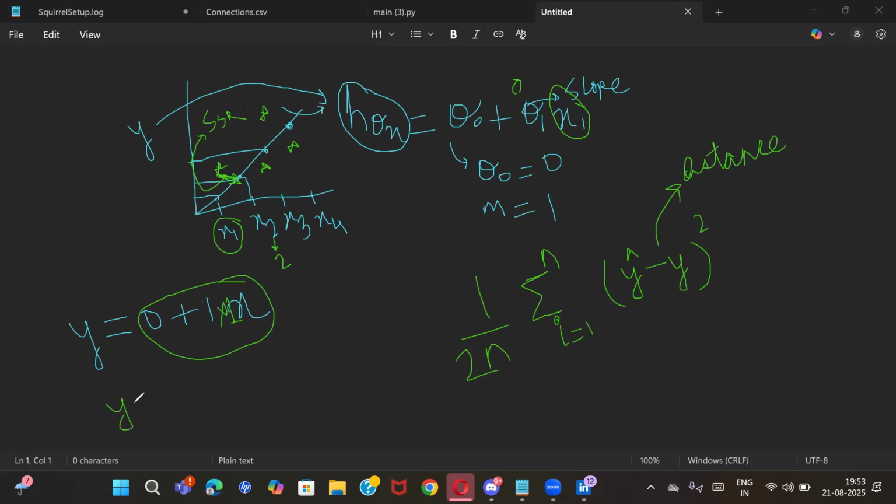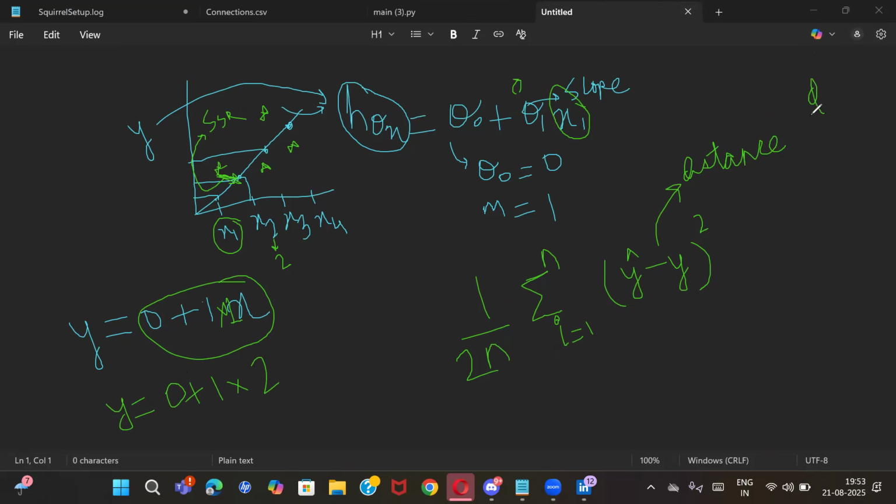What will y be? Theta naught is 0 and the slope is 1, so 1 into 2. So how is y changing? Y is changing with respect to x, and that is what we call differentiation.